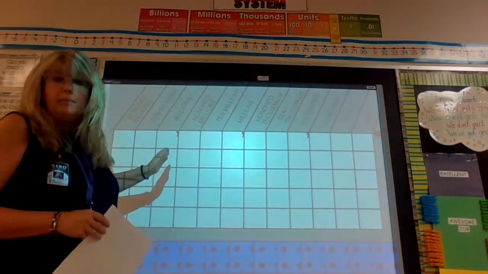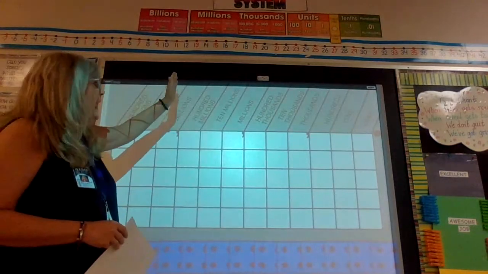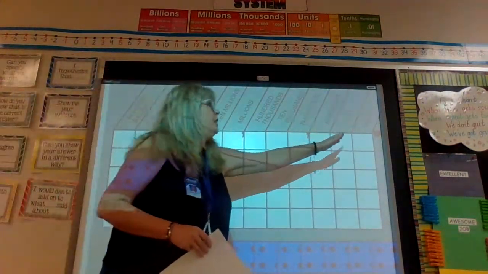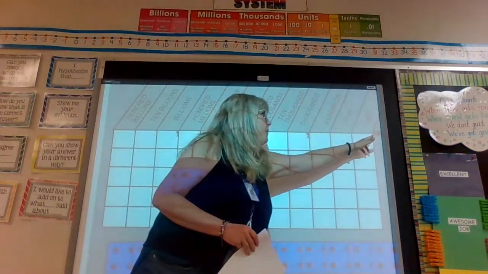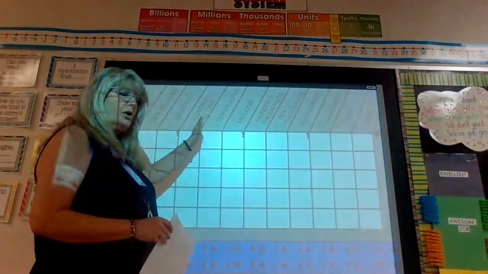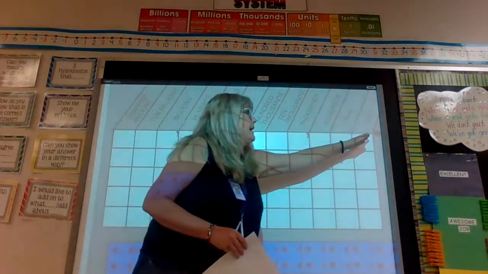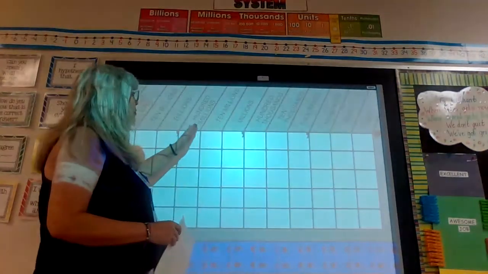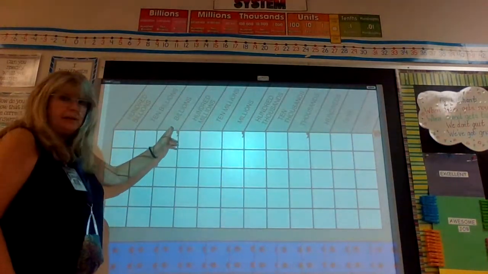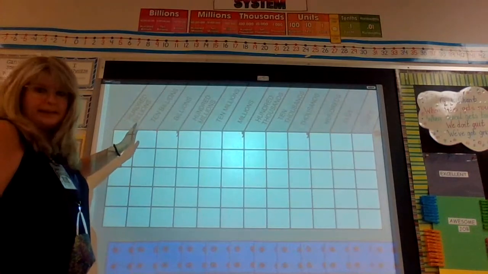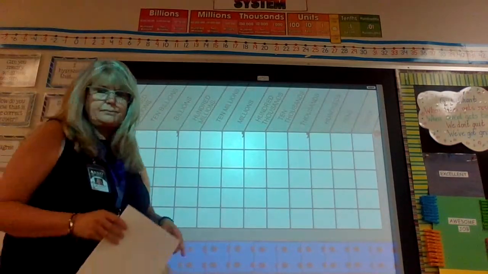Taking it to the 100 billions if you can. At least go to the 1 billions. So you're going to go all the way from the decimal point. Your whole numbers go to the left of your decimal point. So you're going to take it all the way to at least the billions. If you can take it farther, take it to the 100 billions.